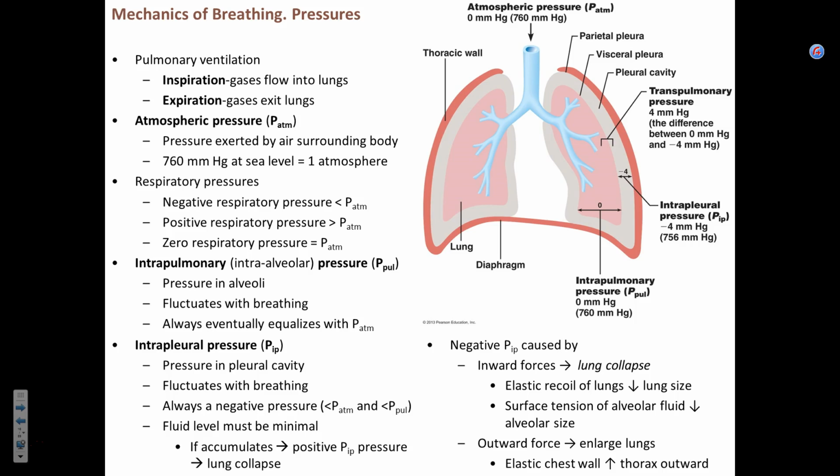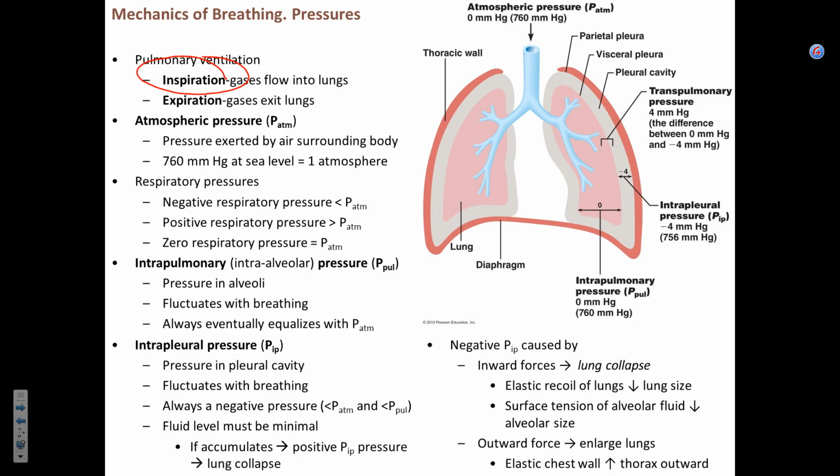So remember that air always goes from higher pressure to lower pressure. So to inspire, we need to either make atmospheric pressure higher, which would be incredibly hard to do, honestly, or we can make the pressure in the lungs lower.